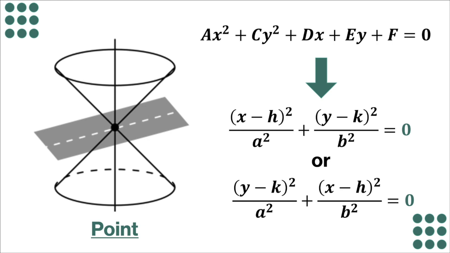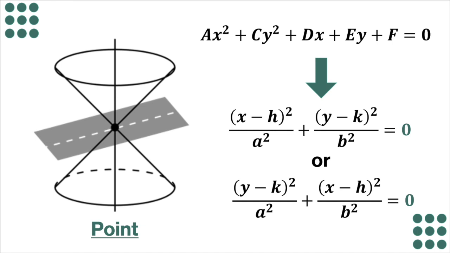The left-hand side of the equation has two terms that are being added together. These terms, if you observe, are squared. If a number is squared, we know that it results in a non-negative number. It is not possible for a real number to be negative when squared.